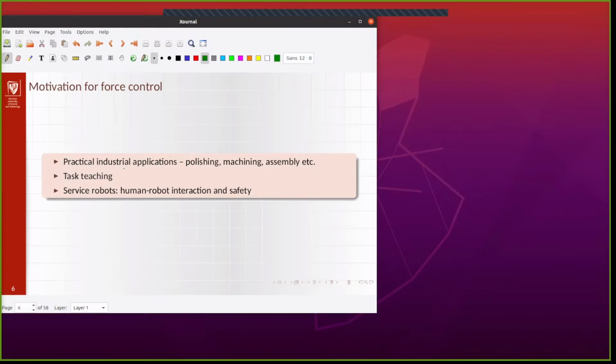So let's say something about the rules and the theory that is behind that.